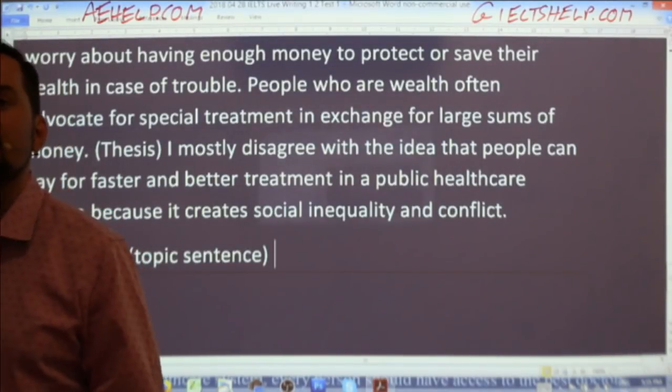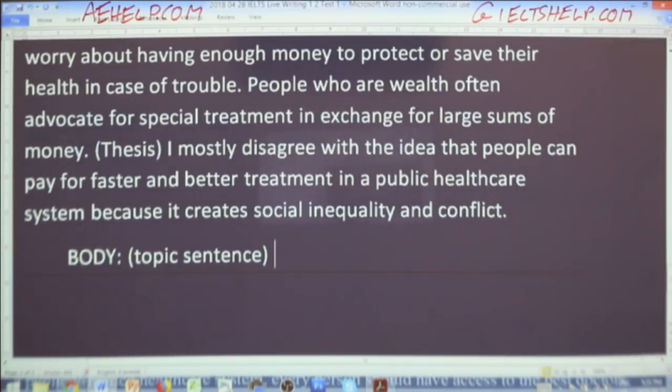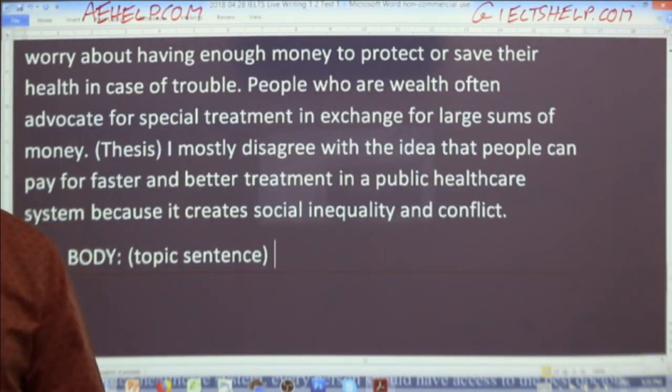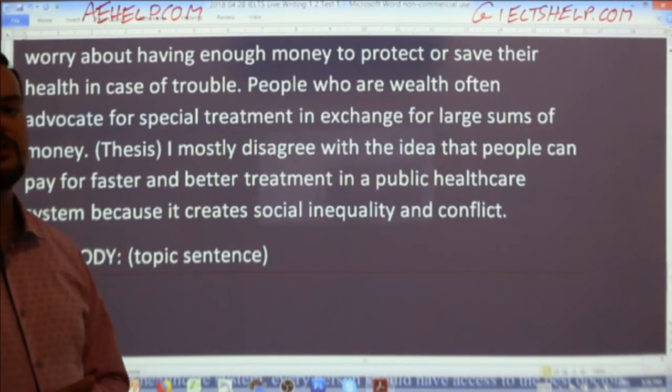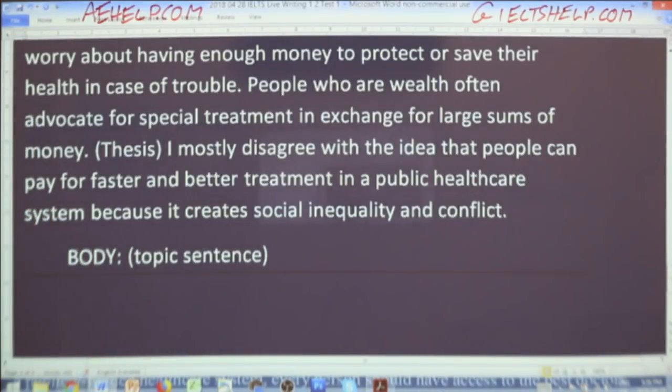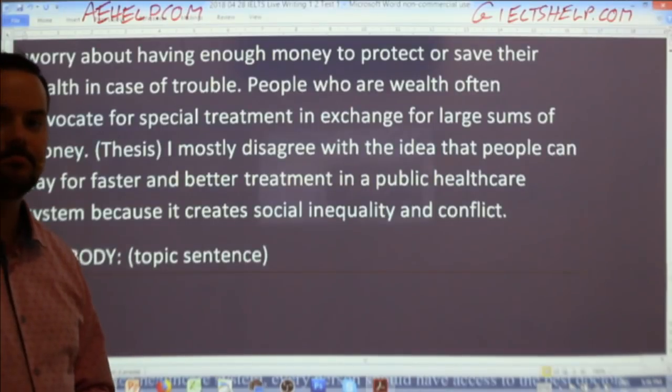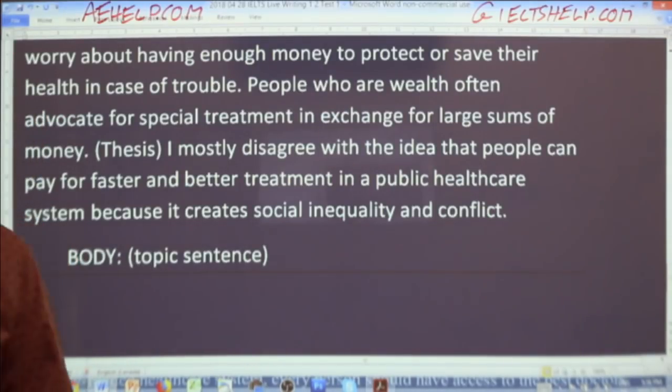Kira says, social inequality results from some people receiving special services different from others. Yeah, Sassam says, some people do not have enough money for the medical care, so they will be treated differently. Okay? Yeah, and you can say it like this.